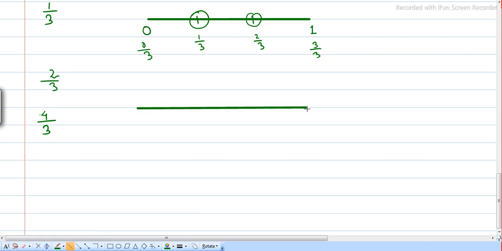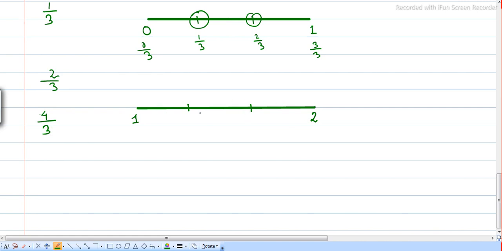Let's draw the line. Now you see this number lies between 1 and 2. So it will be between 1 and 2. So I have taken here 2. Now how many divisions will I make? Here 3. So 1 division, 2 divisions and 3 divisions. See 1, 2 and 3.